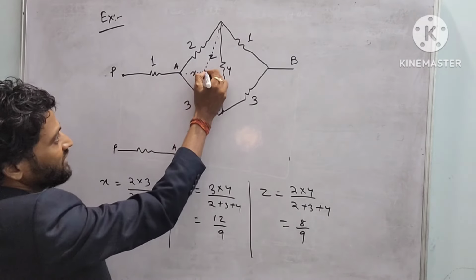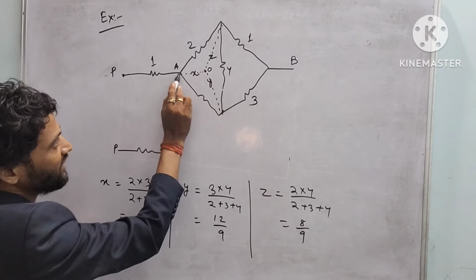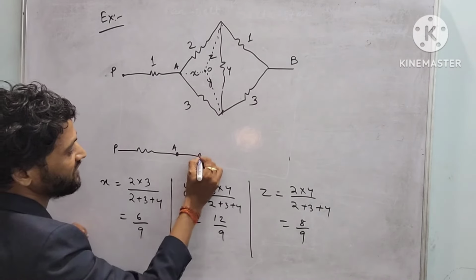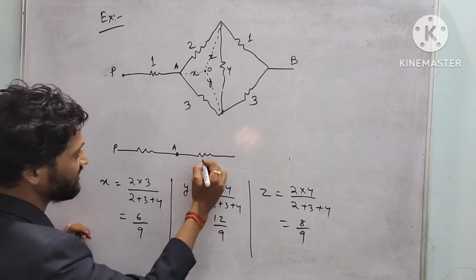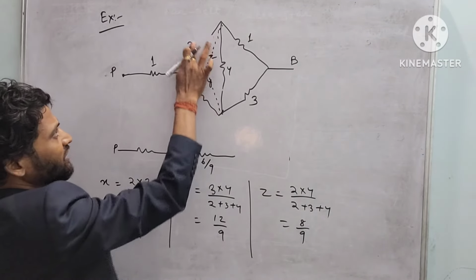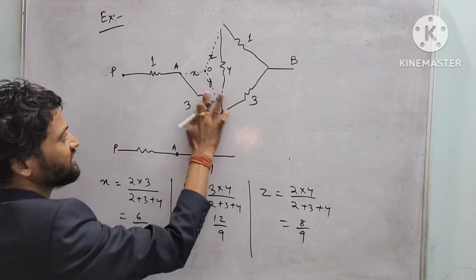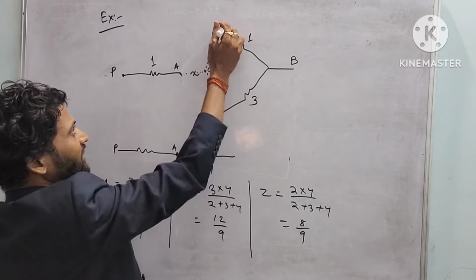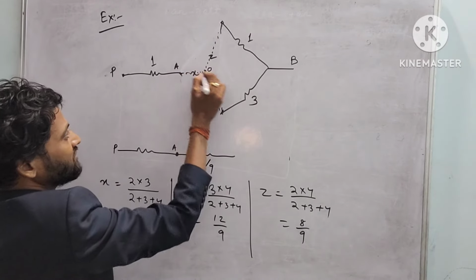Now let this point be O. From A to O there is a resistance X, and the value of X is 6 by 9. What did I say? Once you are converting from delta to star, the original part must be removed.